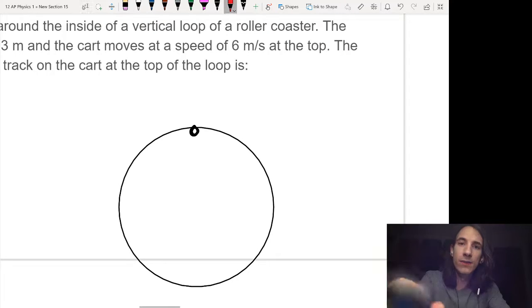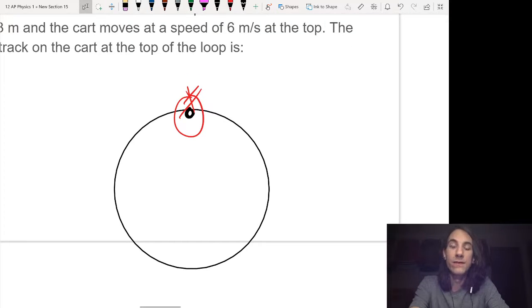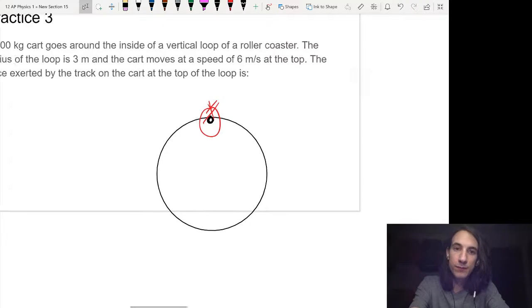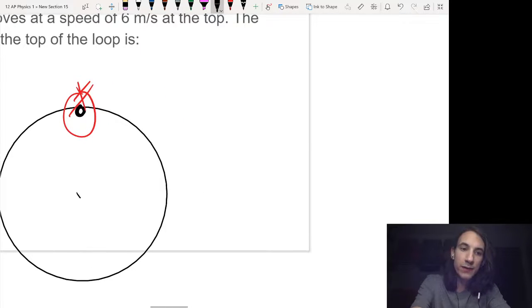But again, we're looking at the top. We're saying, okay, I can circle my object. Looks like I have a contact force, kind of missed, that's okay. Contact force between the surface and my object. So if we're looking at drawing this force diagram, here's the center of my circle.